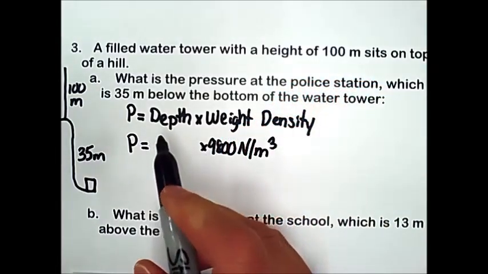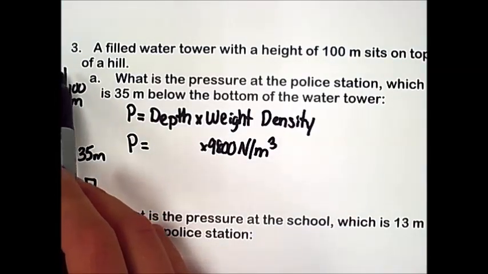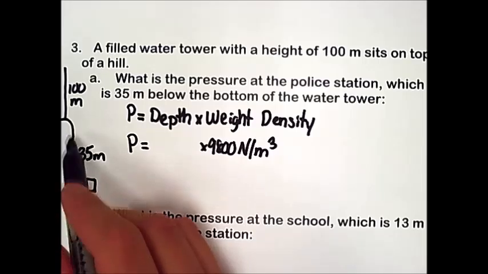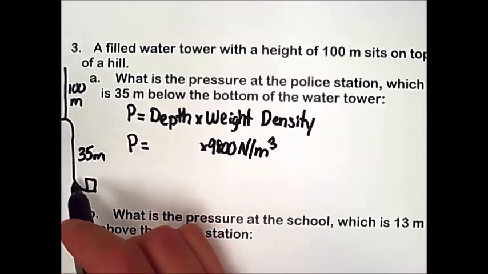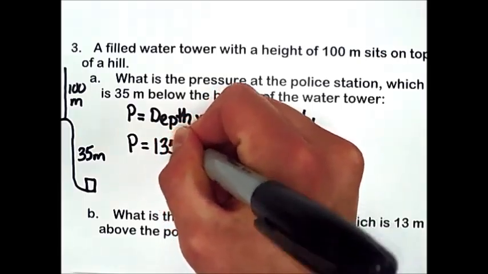And then the depth is 100 meters, which is the height of the water tower, plus 35 meters where the police station is sitting. So the total depth is 135 meters.